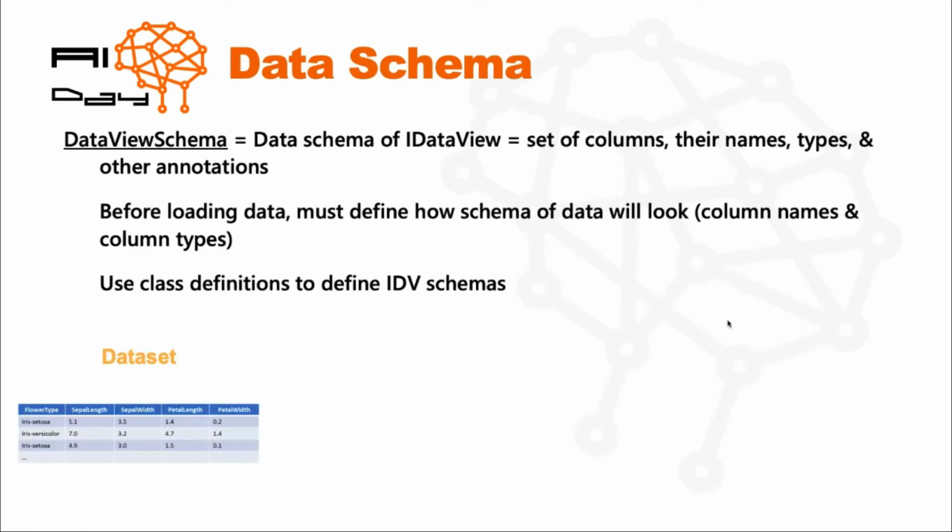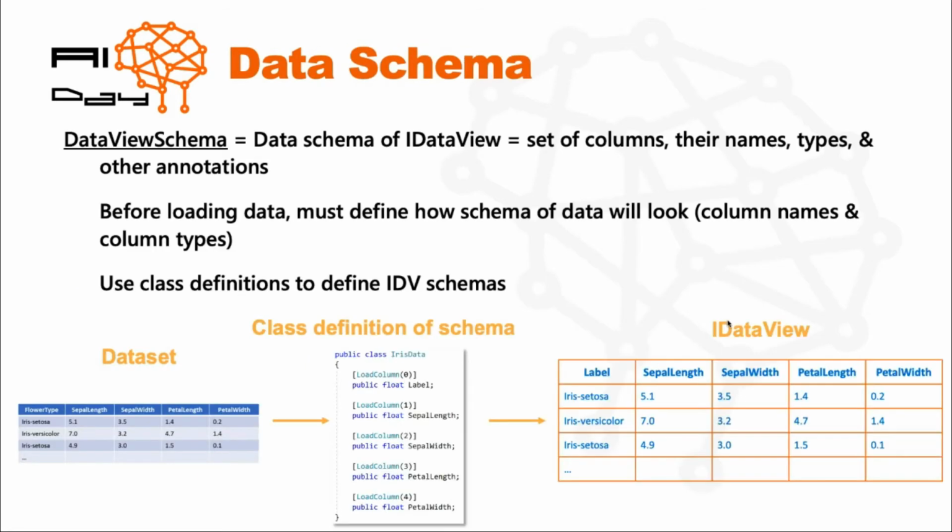It is also important to know that, in order to use the IDataView, you have to create a class, but basically this model or this class represents your data. Maybe you have these 5 columns: flower type, sepal length, sepal width, petal length, and petal width, and you create a class.